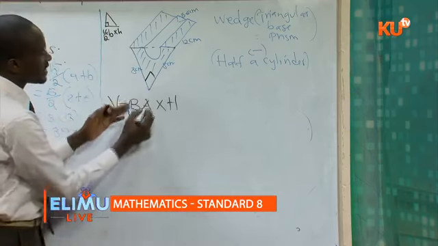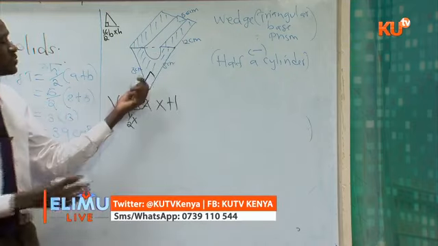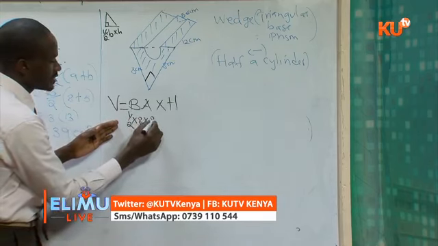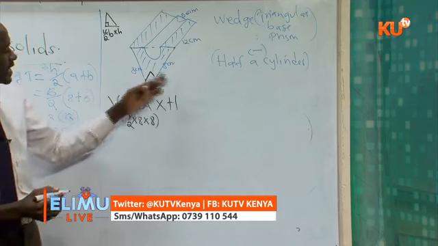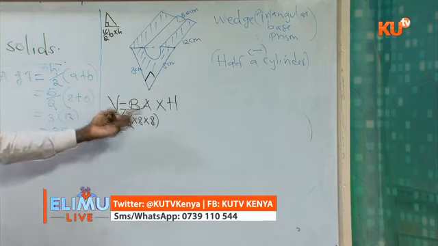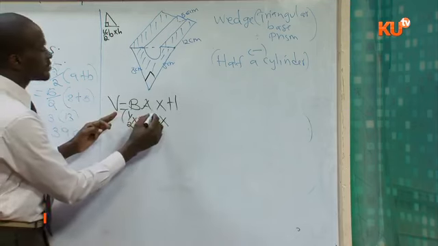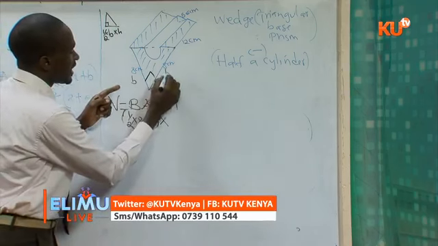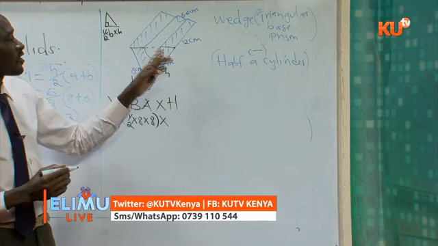Base and height make a right angle, so you check the two sides which make a right angle, like this one. It is 8 times 8. That has already given you the base area. Then now times height. The reason why I've decided to circle this one is so that you don't confuse the height of the base area and the height or length of the figure.